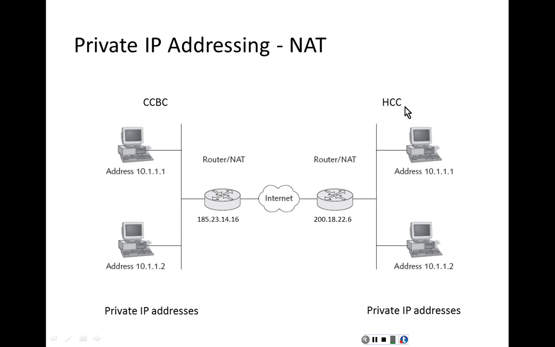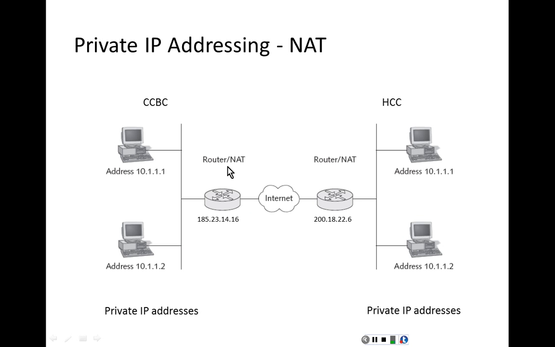Well, that's true with public IP addresses, but with private IP addresses, different organizations can use the same IP addresses within the organization. And then the router is the only thing that has to have the public IP address. The public IP address has to be globally unique, and that is what connects to the internet.